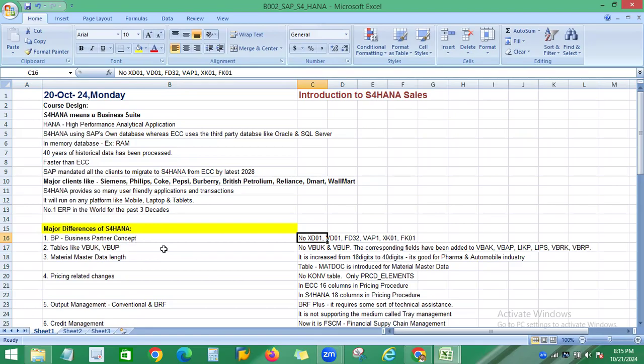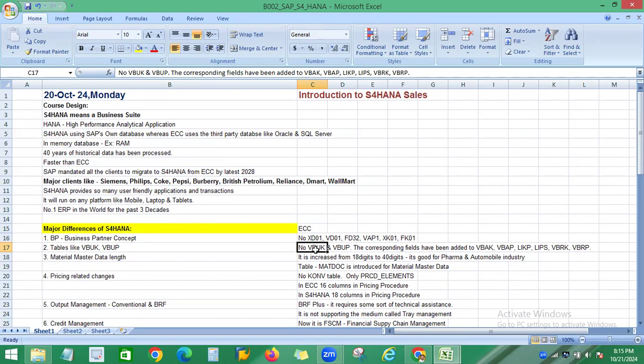Also, in SAP ECC, we have tables like VBUK and VBUP.